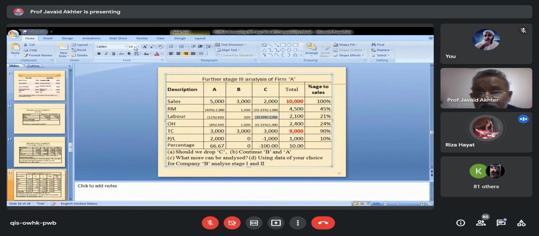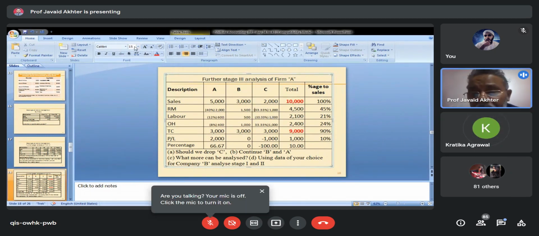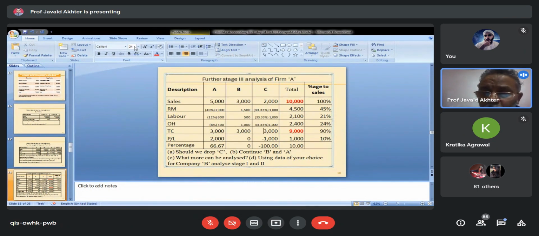Sir, but 1,000 could be the 50%. Sorry. It could be just divided total cost that it is incurring. 33% is on raw material, 33% on labor, 33% on overhead. Alternatively, a better way of having the same thing: if we say 50% here, 50% here, what will you write here?